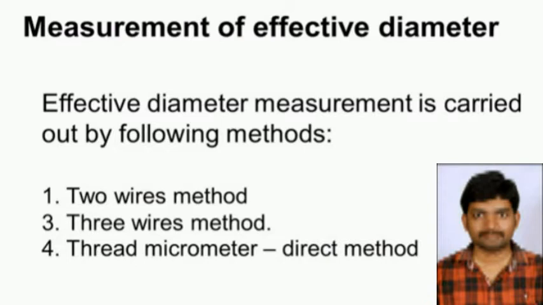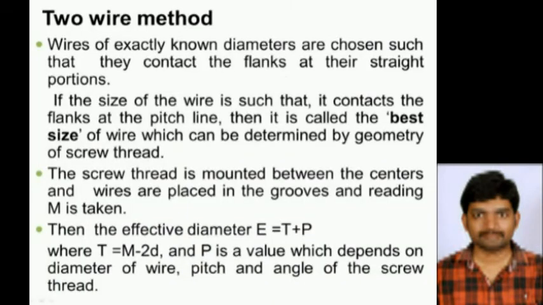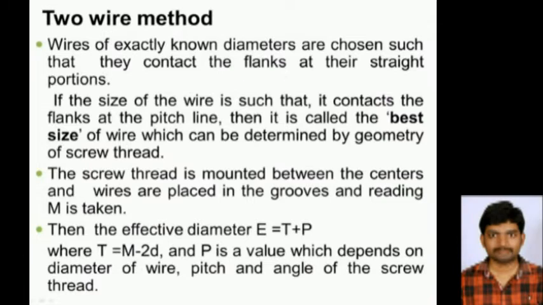Now we talk about the two wire method. Here the wires of exactly known diameters are chosen such that they contact the flanks at their straight portions. That means we have this screw thread, so we have to select wires which will make contact with the flank like this.